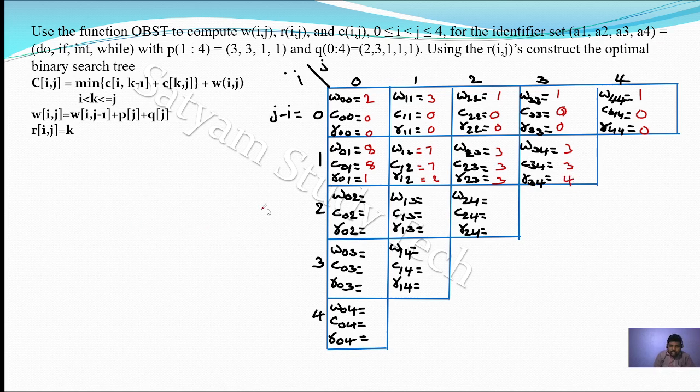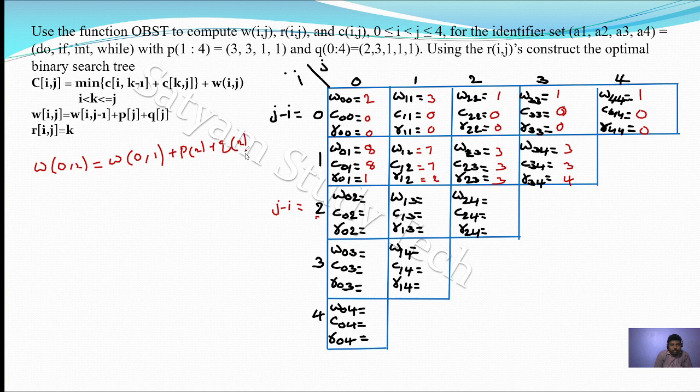Now we consider j minus i equal to 2, that is w of 0 2. We have to calculate w of 0 comma 2, which is equal to w of 0 comma j minus 1, that is w of 0 1, plus p of 2, plus q of 2.